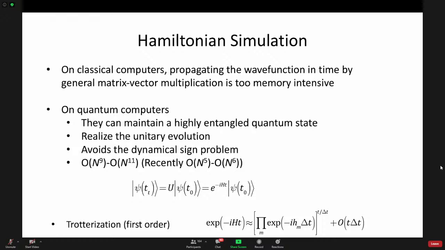Of course, there are a lot of algorithms trying to overcome it, but it's still a difficult task. On a quantum computer, you can maintain a highly entangled quantum state and realize unitary evolution like this, and you can avoid the dynamic sign problem, which is crucial in classical algorithms.